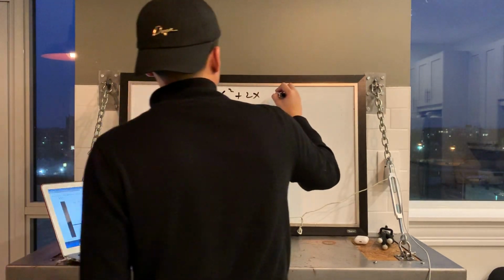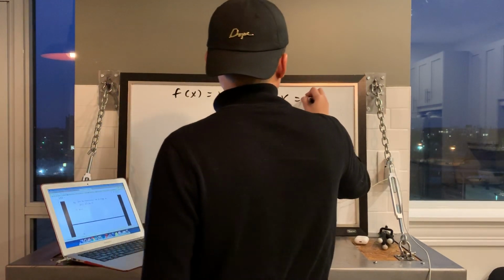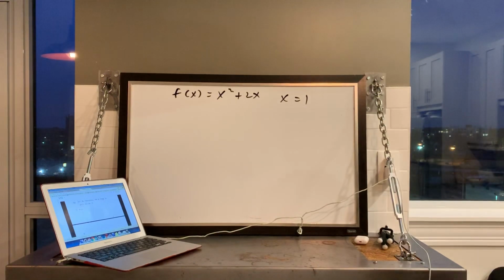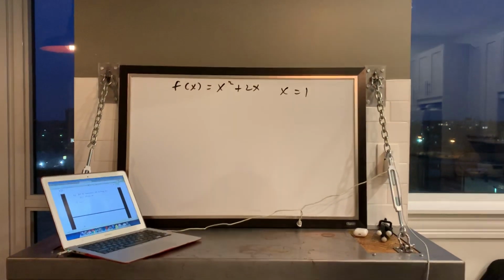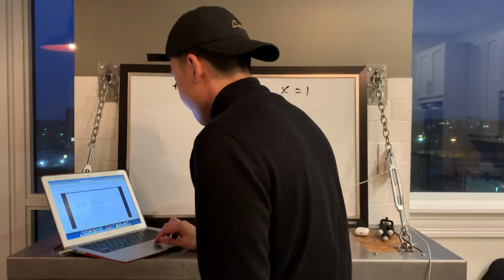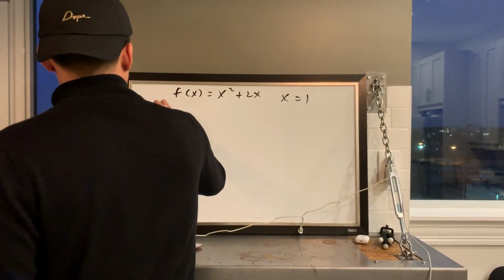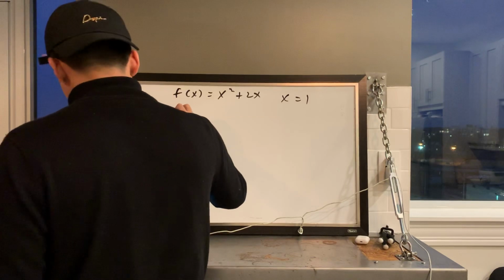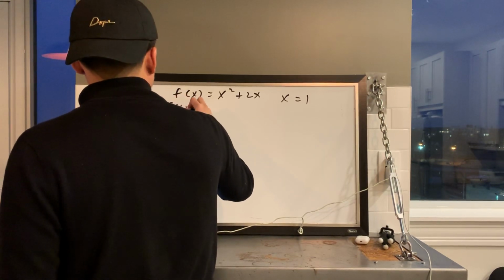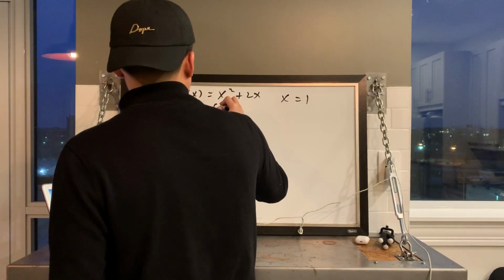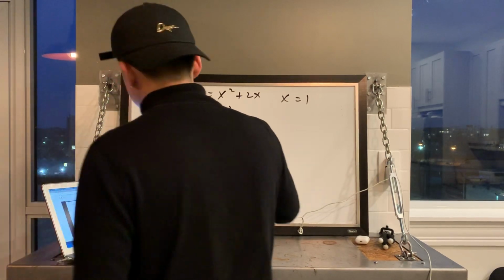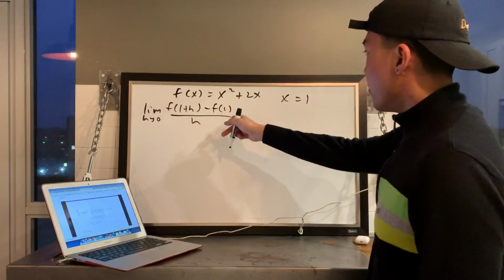We want to find the instantaneous rate at x equals 1. So what are we going to do? What we're going to do is the limit as h approaches 0, f of 1 plus h minus f of 1 all over h. So we're literally going to put 1 plus h in here.